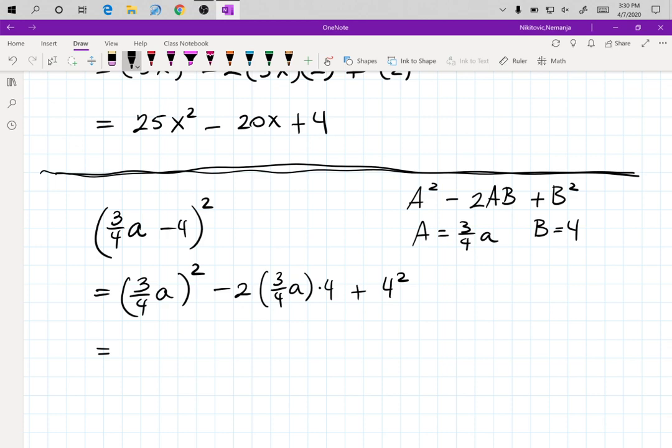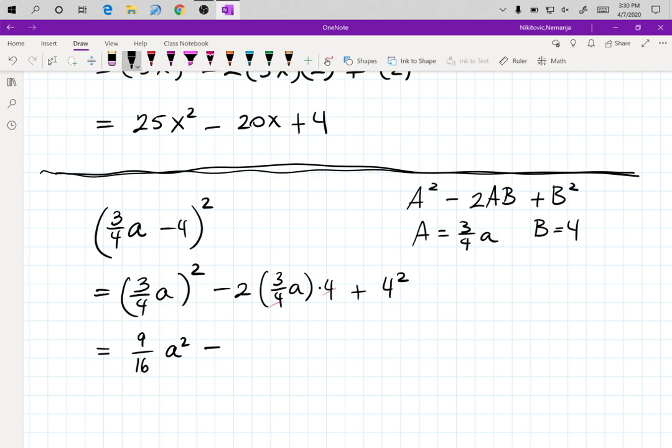And now we just square it. 3 squared is 9, 4 squared is 16, a squared. So the square goes everywhere, right? Squaring the 3 and squaring the 4. In the middle term, the 4 and 4 cancel, so that's nice.